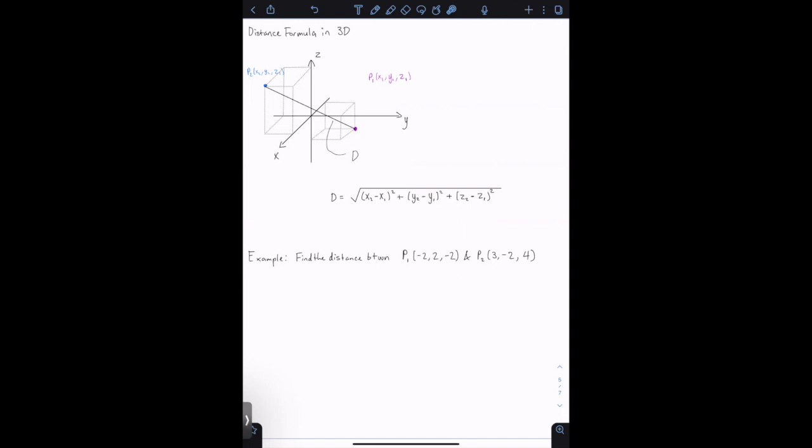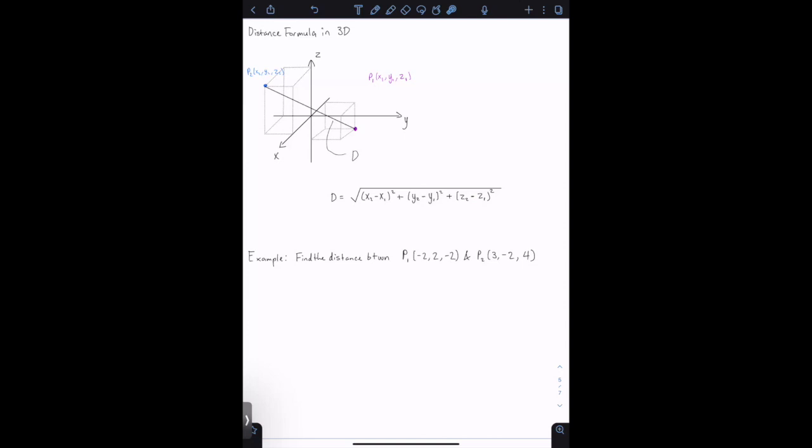You have to use the Pythagorean theorem twice, and you can show that the distance between 2 points, let's say we have a point P2 with x2, y2, and z2 coordinates, and a point P1 with coordinates x1, y1, and z1, can be found using this formula. Essentially, this is just an extended version of the distance formula in 2 dimensions. Now we're just adding this z component.